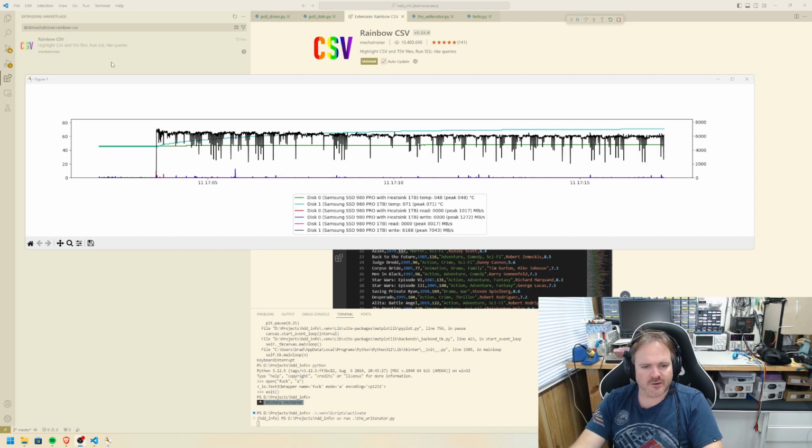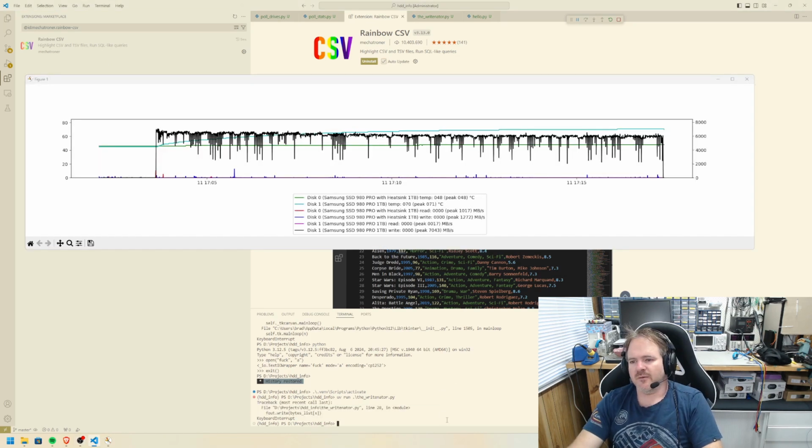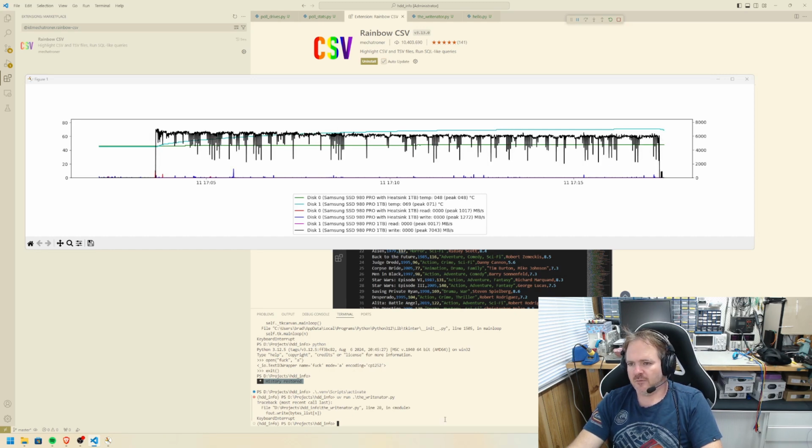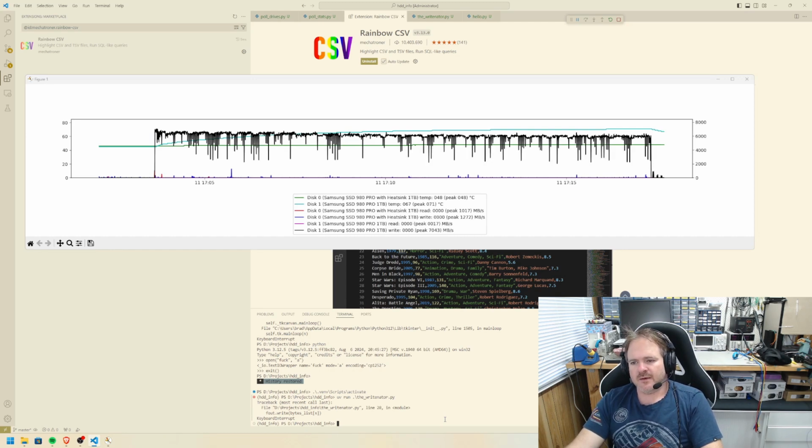So I'm going to stop the writeinator, and we're going to watch the curve come down. I'm expecting it to fall far quicker than it rose, and that's because it should lose heat more quickly, and it certainly seems to be the case.